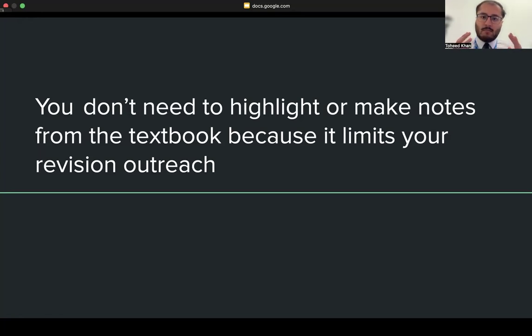Say for example, you're in class and your teacher says to you, I want you to revise, let's say, the Supreme Court on component two, which is paper two. If I gave you the task to go revise the Supreme Court, instead of highlighting or just making notes from the textbook, that isn't really putting information in your head. What that's doing is just making you aware of what the content is.